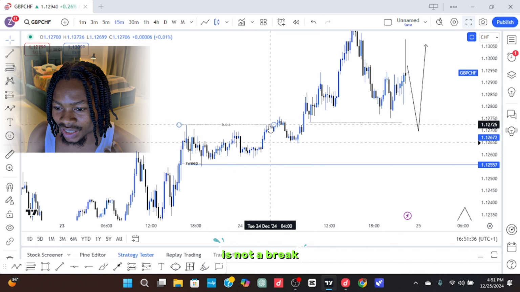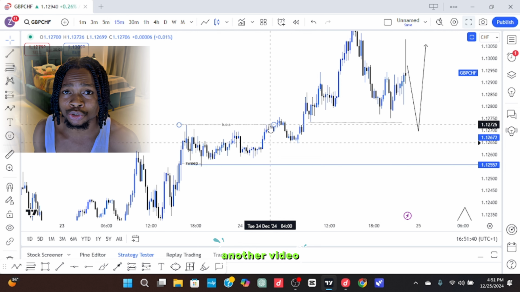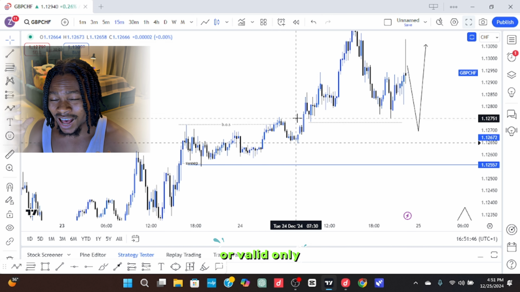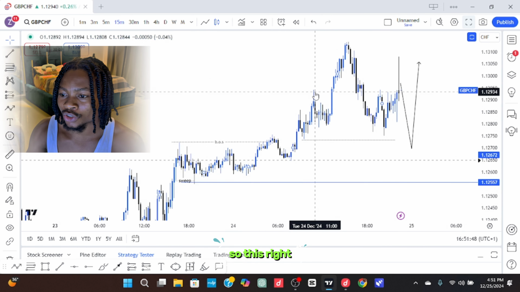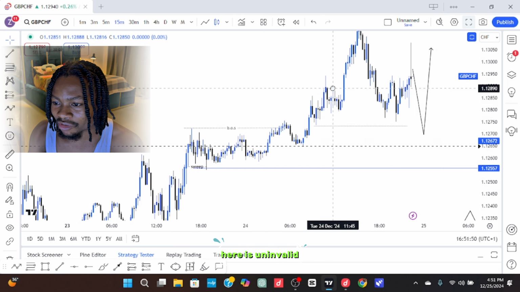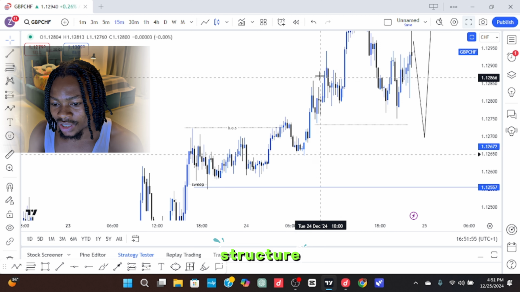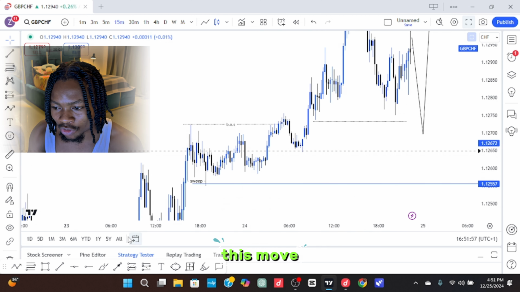You think you do, but you don't have a structural liquidity, because you saw this. This is not a break, this is a break of structure. So I can make another video showing you how to know a valid or an invalid structure. So this right here is an invalid structure. This right here, the main structure, is this that led to this move to the upside.